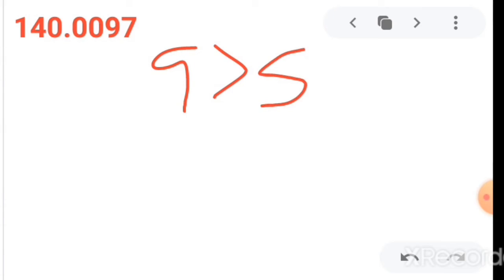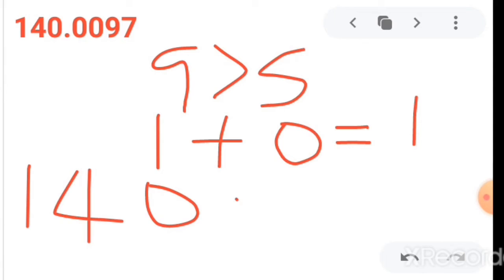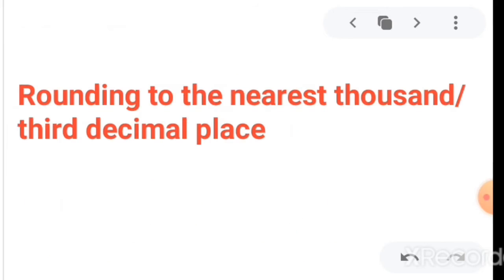Because 9 is greater than 5, we change it to 1 and add it to 0, which is in the 100th position, which will give us 1. So we round up and we now have 140.01, and we have rounded up. I know it's very, very simple.